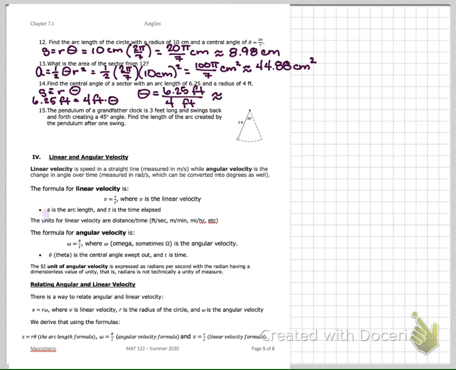And we get theta. You notice that feet over feet cancels. We get 1.5625. I'm going to round to 1.56 radians.